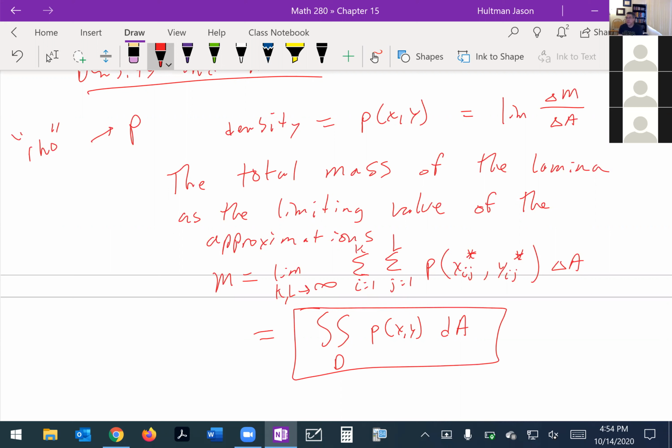So mass over volume. But again, this is not uniform density. This is when density changes. Think of it like a rod that's made out of different materials. It's not made out of uniform metal.